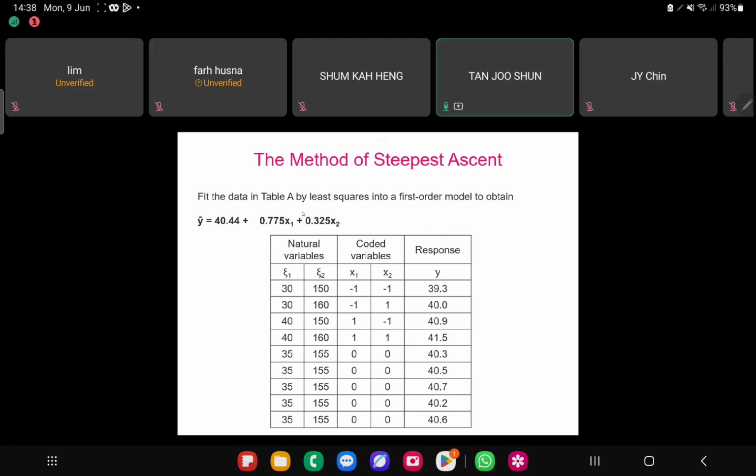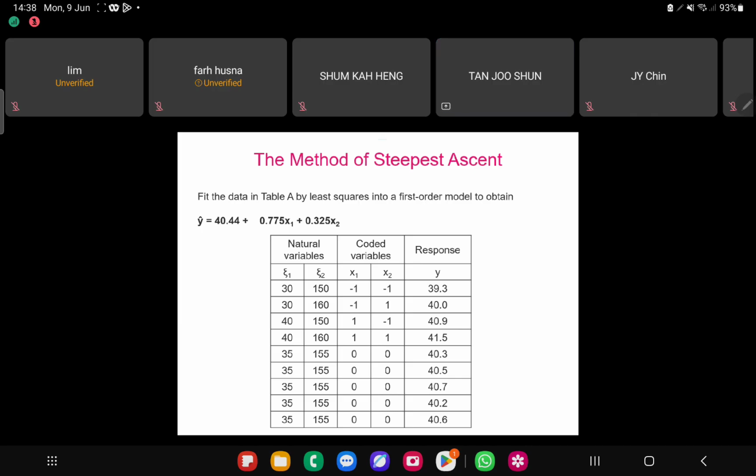After you calculate, you will get 40.44 plus 0.775 for factor A plus 0.325 for factor B. You can calculate and see whether yours is correct or not.